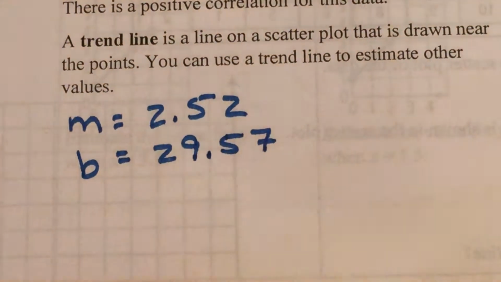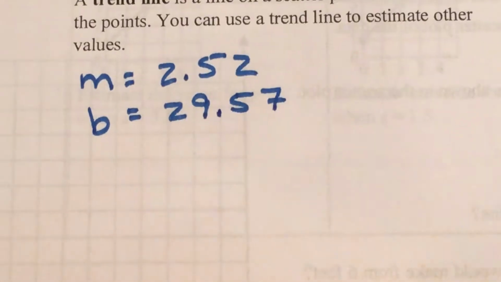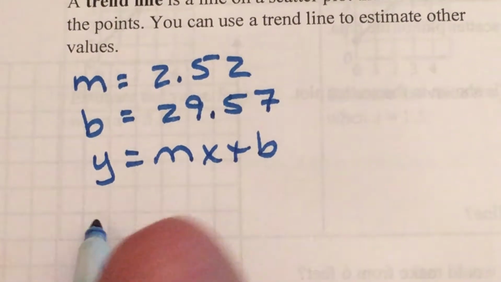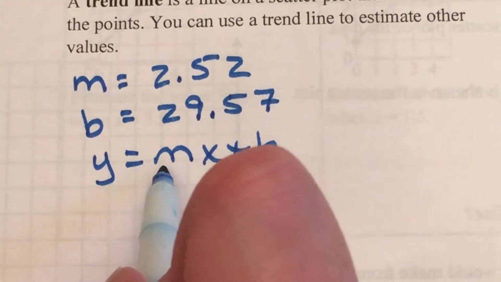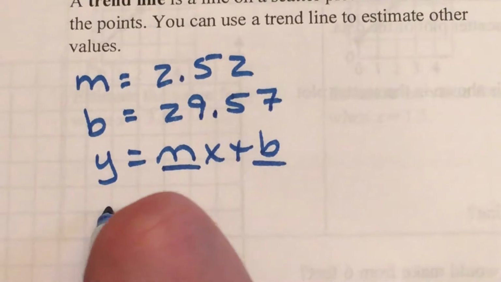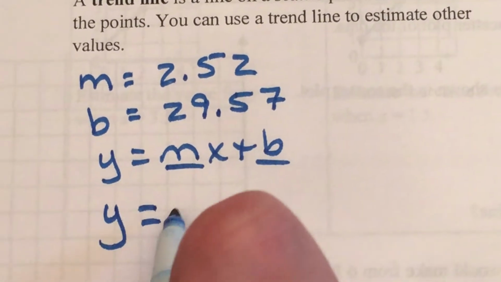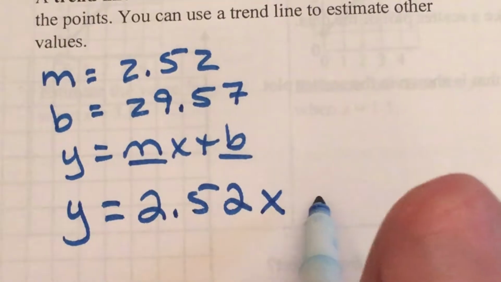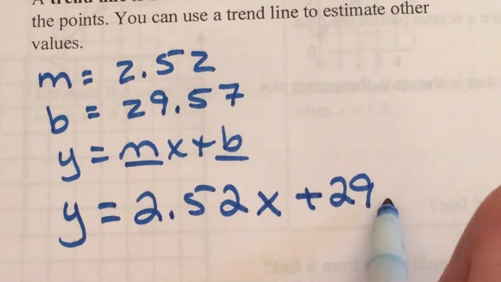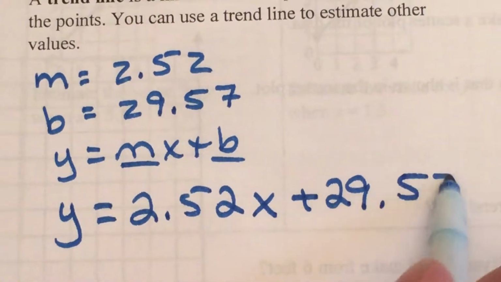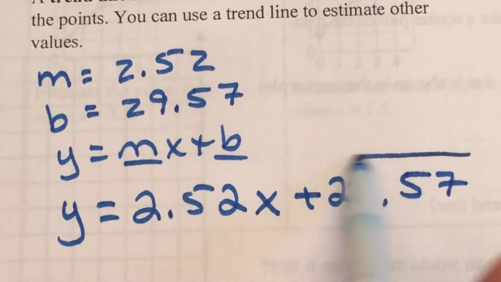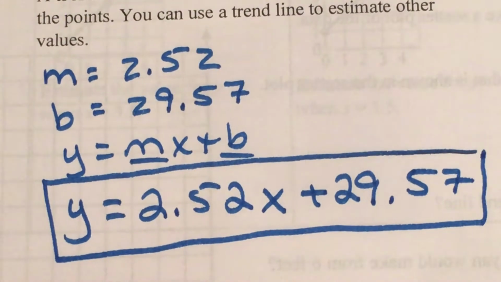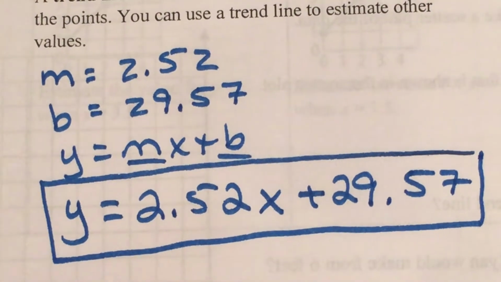So the equation of your trend line is going to be y equals mx plus b, where we can fill in the m and the b. So y equals 2.52x plus 29.57. There it is, the equation of your trend line. Wasn't that easy? That was so easy.